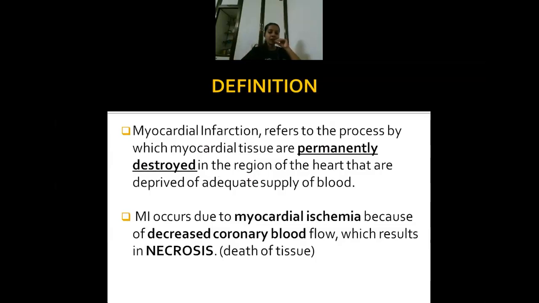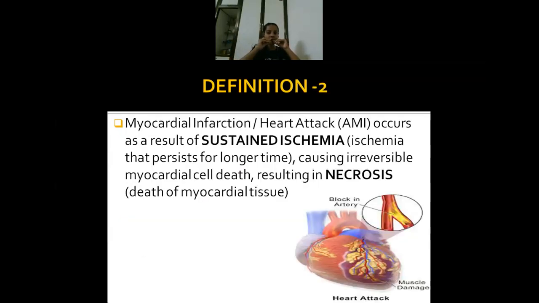Now one more definition is there, and this is also a very easy one. MI, or acute MI, or heart attack, is mainly because of sustained ischemia. Sustained ischemia means ischemia which is present for a longer time. And in this MI, there is irreversible myocardial cell death. This is also one more important term.